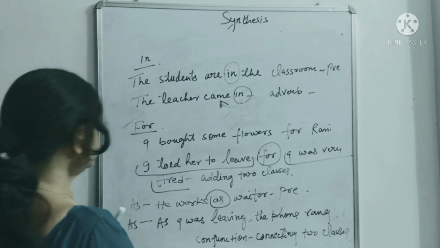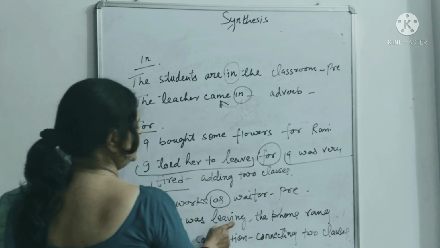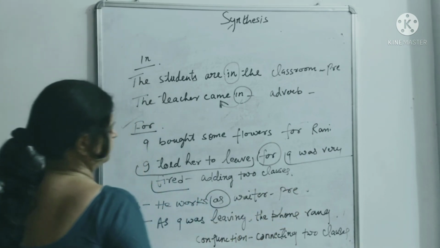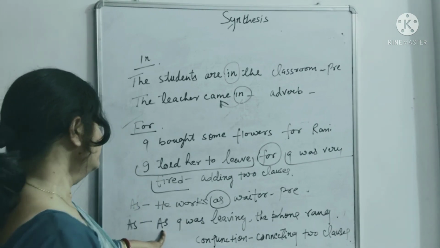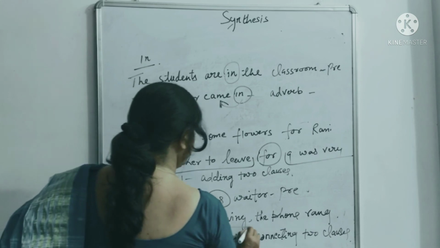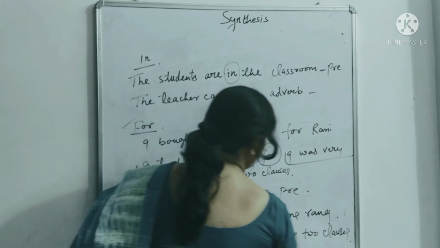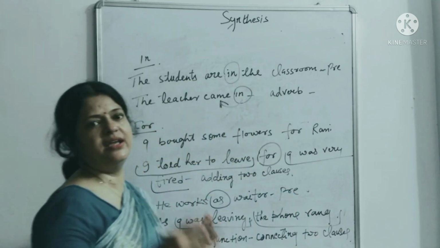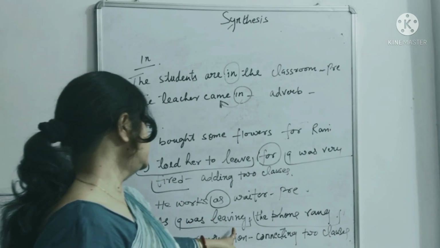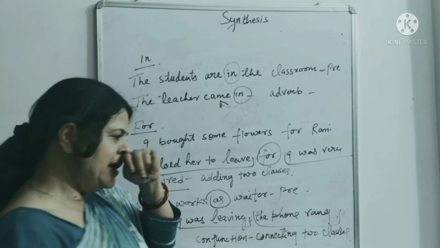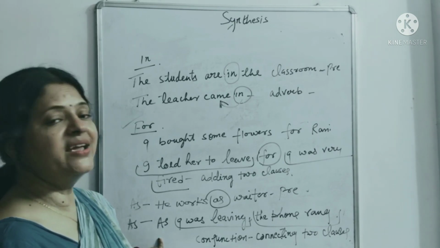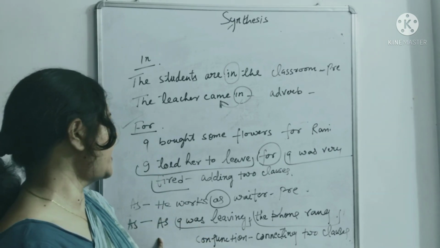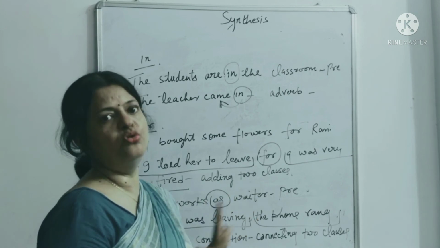Now let's see the next sentence. As I was leaving, the phone rang. So here if we leave this thing, अभी इसको मत देखो आप. I was leaving एक sentence, the phone rang अलग sentence. दो sentence नहीं है, दो clauses है. I was leaving, the phone rang. So again we see that this as is working as a conjunction to connect these two clauses.